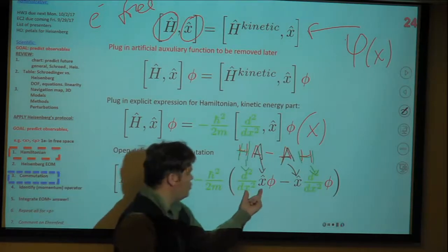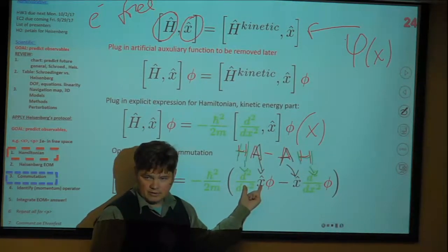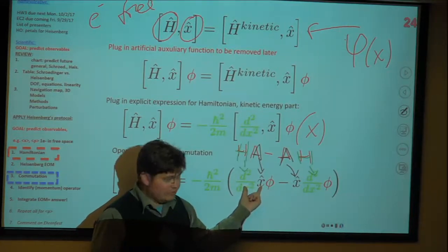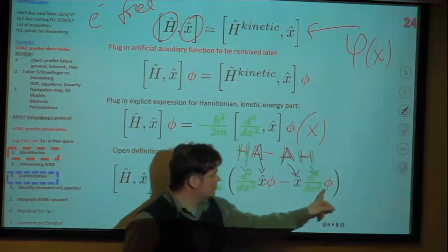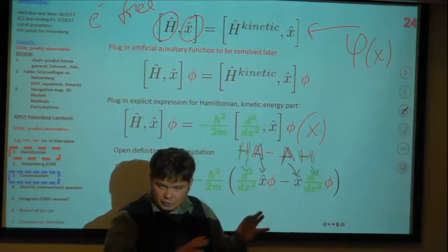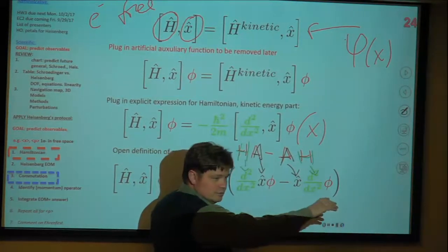So you see, here we swap the order of Hamiltonian and operator of interest, but we do not change the order of a function. The function, if you do not do Hermitian conjugation, is always on the right.